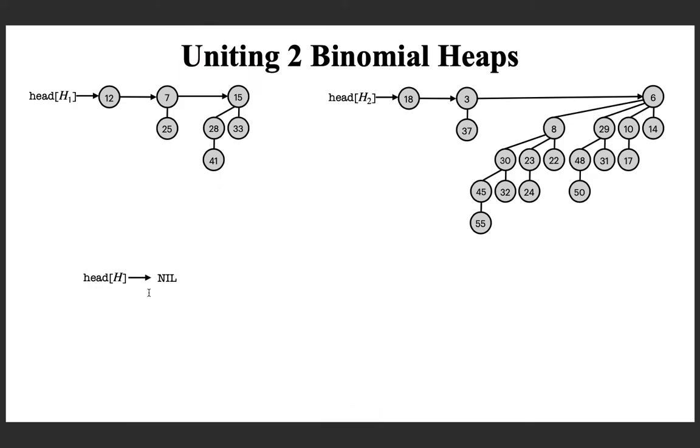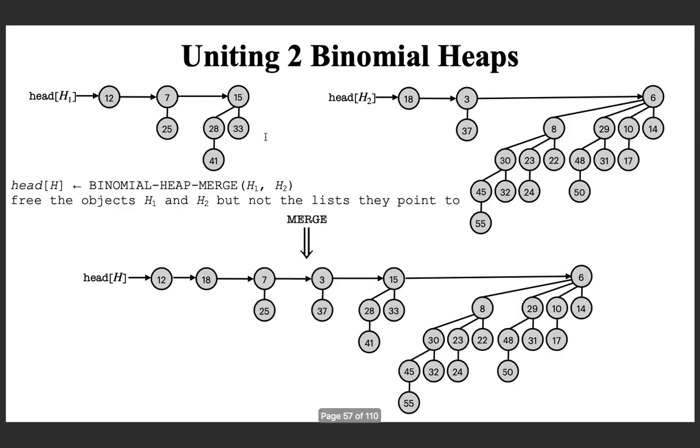If you recall from our example, what we did first is we applied the standard merge procedure to combine these two into a single linked list structure. So this is what we did. Binomial heap merge is the procedure I am calling, which is just combining these two into a single linked list like this.